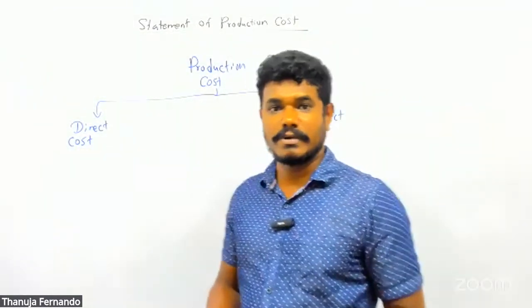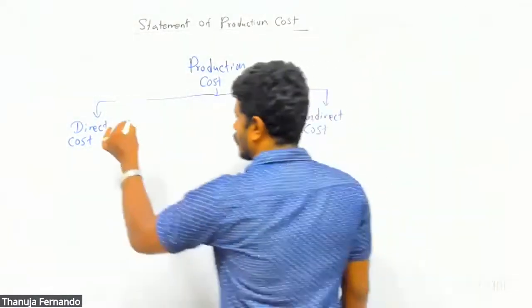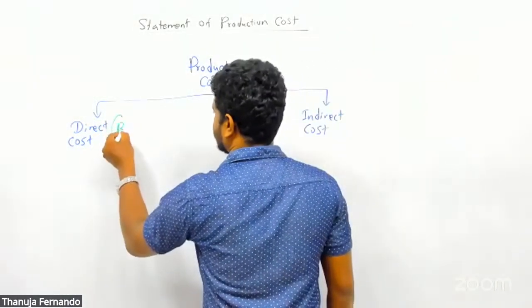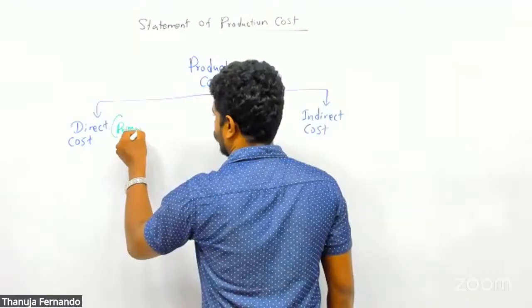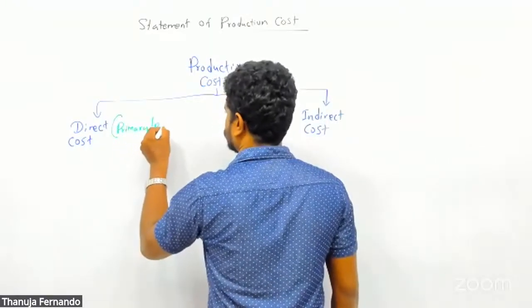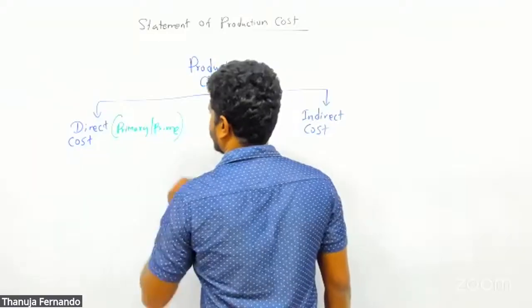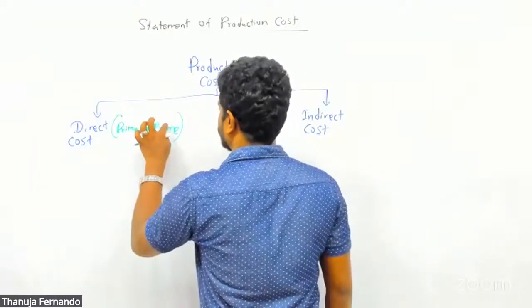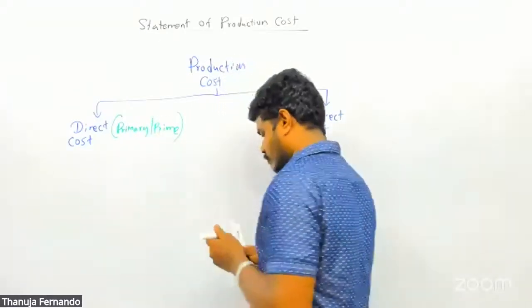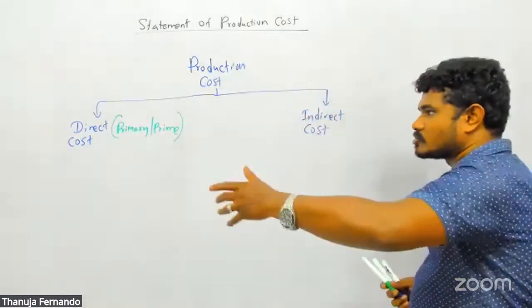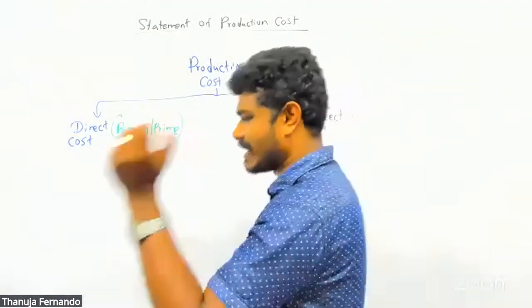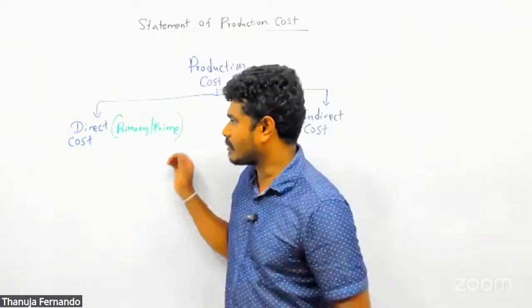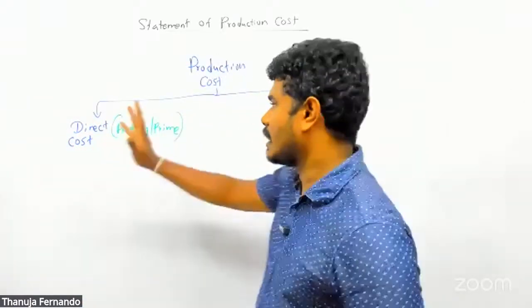And for this direct cost, we can call it primary cost or prime cost. Both names we can use for direct cost. If you see somewhere primary cost or prime cost or direct cost, then this is direct cost. All three are the same.